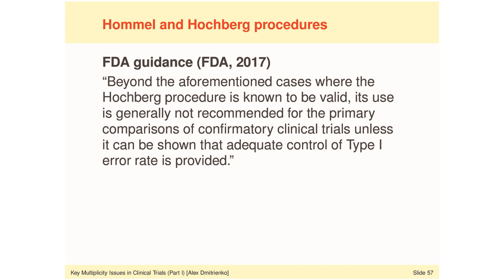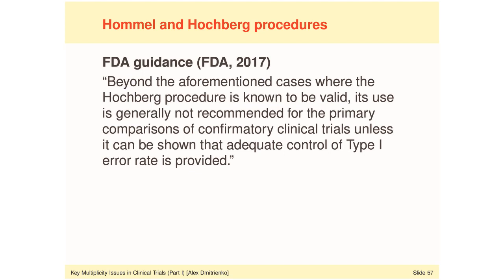And it's also a valid test procedure when certain conditions are met. Various simulation experiments for the general case, for example, for more than 2 endpoints with unequal correlation structures, indicate that the Hogberg procedure usually will, but is not guaranteed to, control the overall type 1 error rate for positively correlated endpoints, but fails to do so for some negatively correlated endpoints.